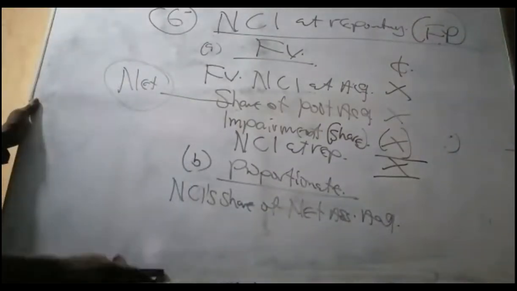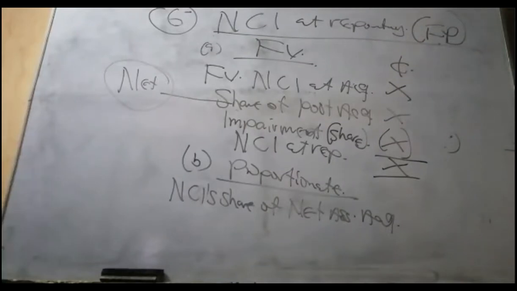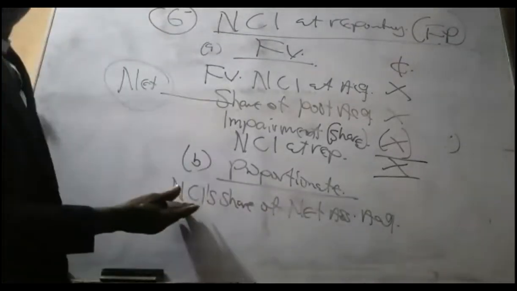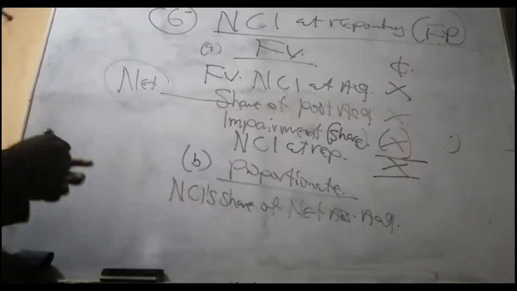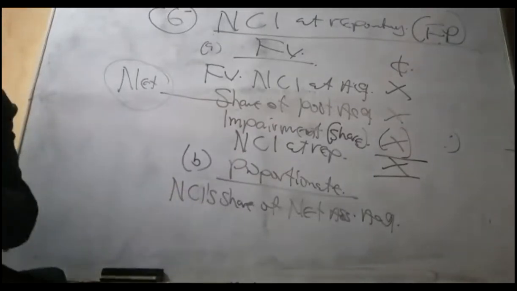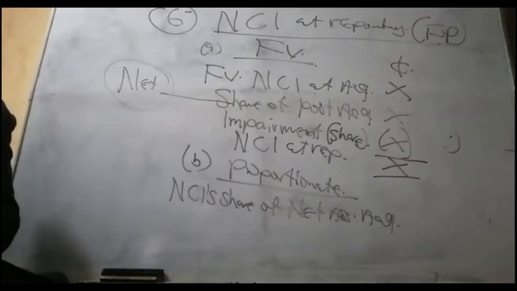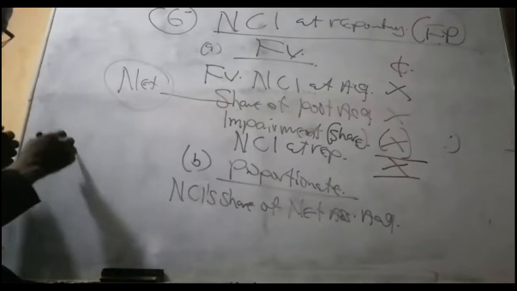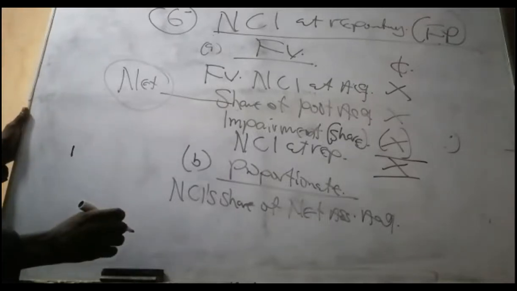For that one, there are two methods, and I'll give all of them to you. So NCI share of net assets at acquisition, so much.